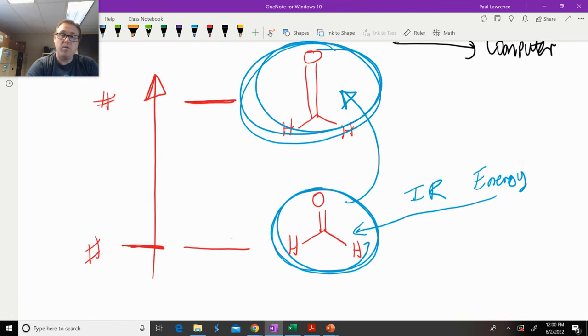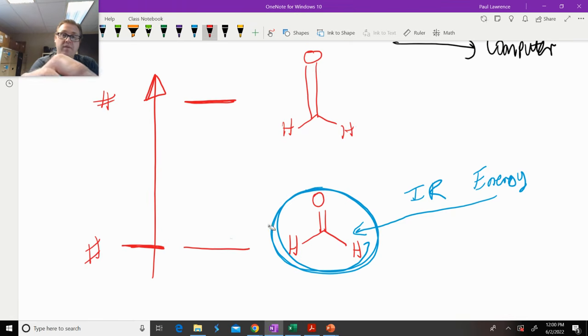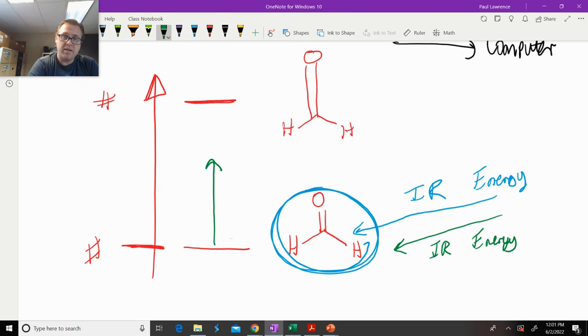Okay? But what if I zapped the molecule with this much IR radiation, and the energy of that IR radiation is only this much? Well, if I zap this molecule with that much energy of IR radiation, nothing will happen because energy is quantized.